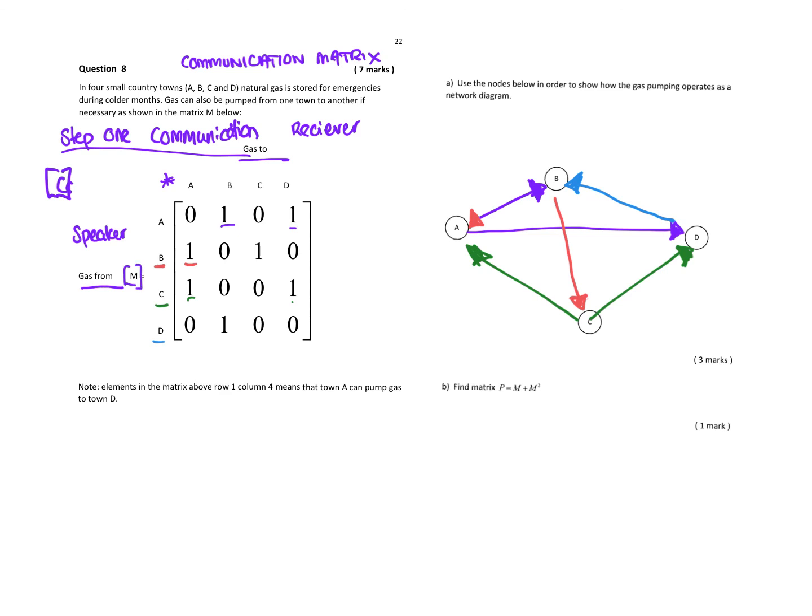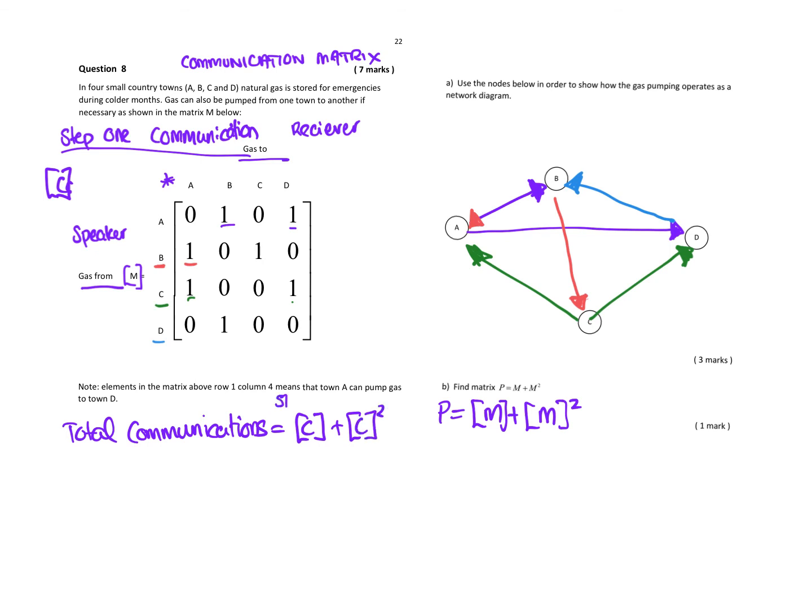Now down here, they're asking us to find matrix P, which they're saying is matrix M plus M squared. So really, it's like saying when we have communication, total communications is often referred to as when you add step 1 plus step 2, so 2-step communications, I should say.